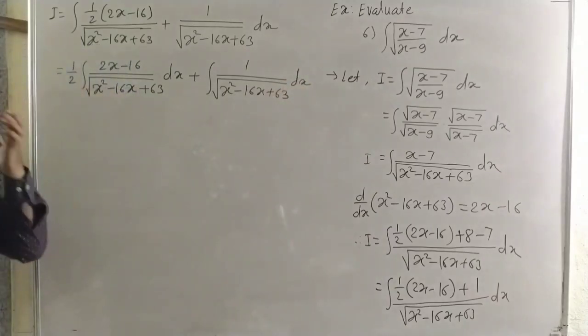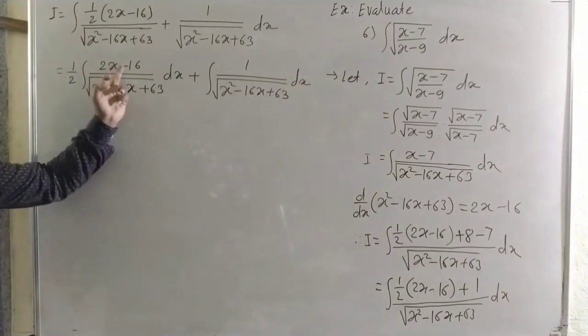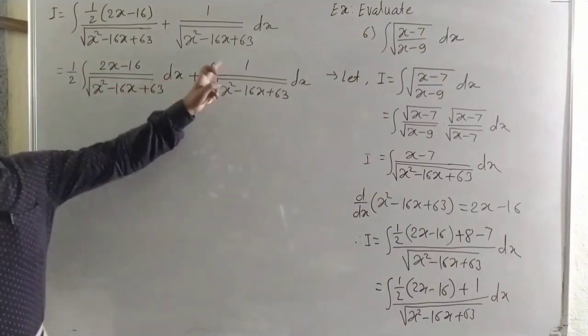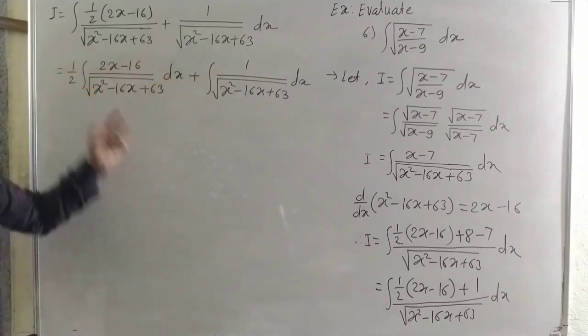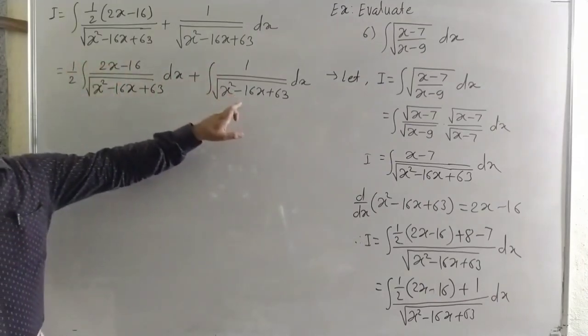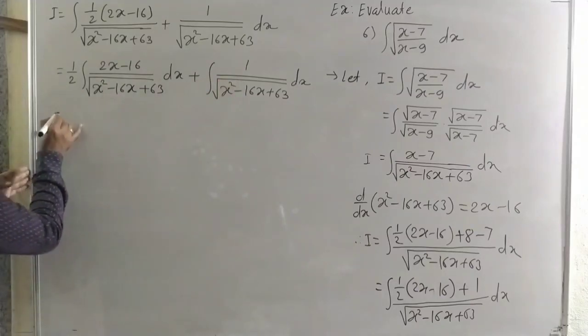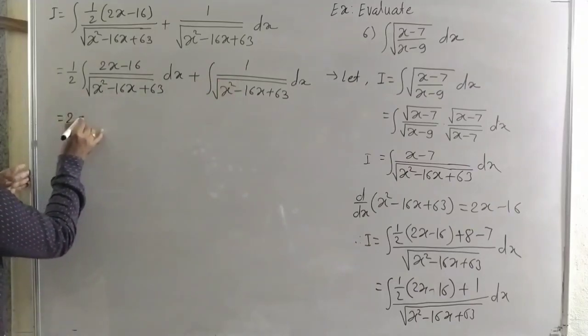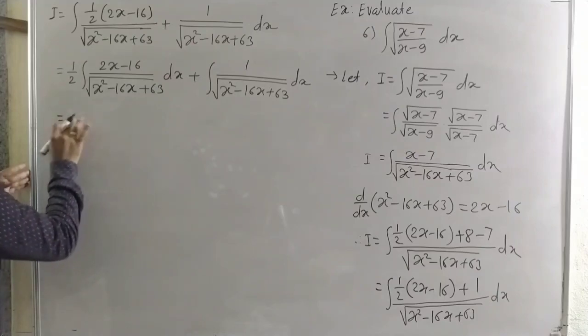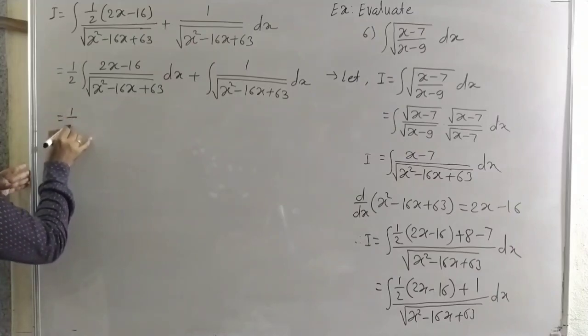Now here we get two integrals. One is f dash of x upon under root f of x, and the other is 1 upon under root quadratic function. The first gives 2 under root f of x, and the second we can solve by the completing square method. Keep the 1 by 2 constant as it is.